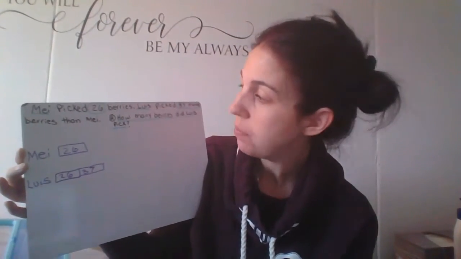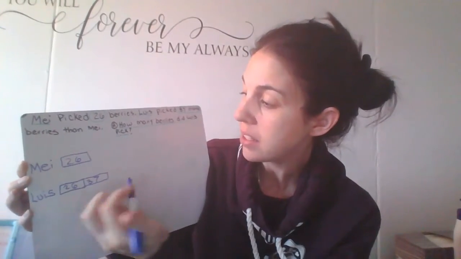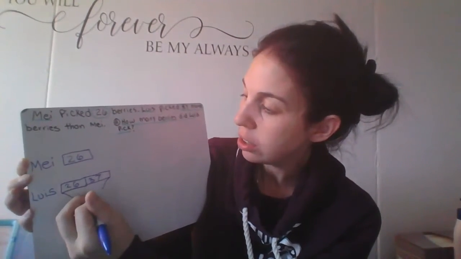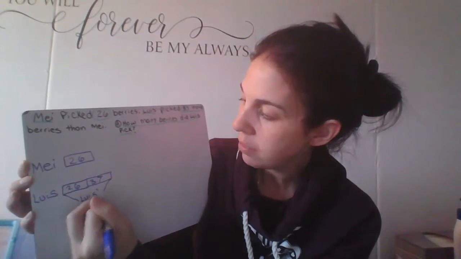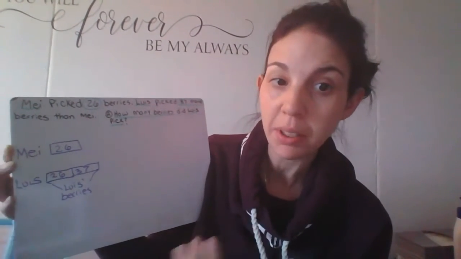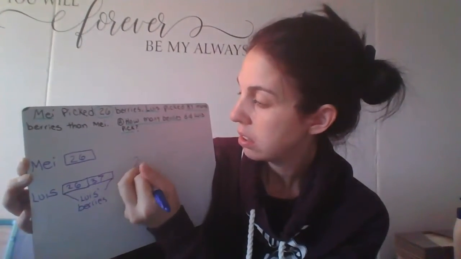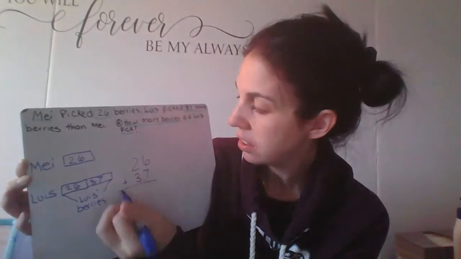We want to find out how many berries did Lewis pick? Well, we know the two numbers that he picked. So these two together are going to give us Lewis's berries. Okay? So now it's a simple addition problem. 26 plus 37.